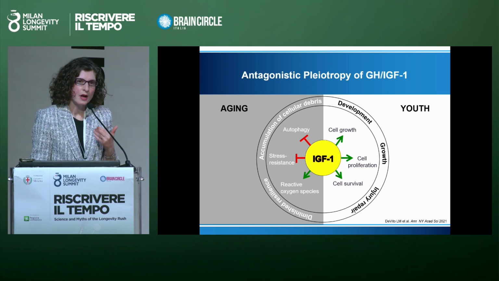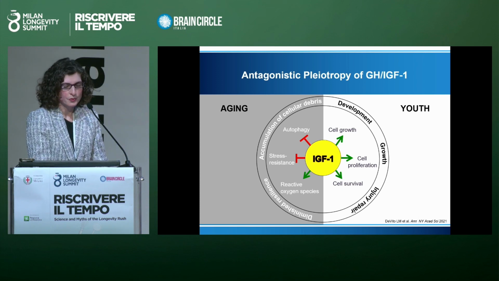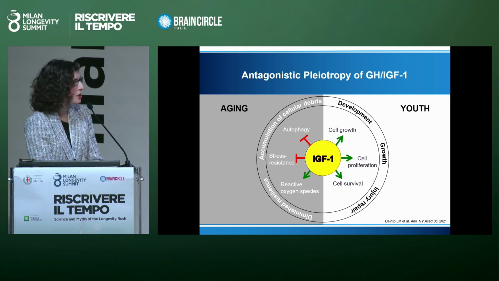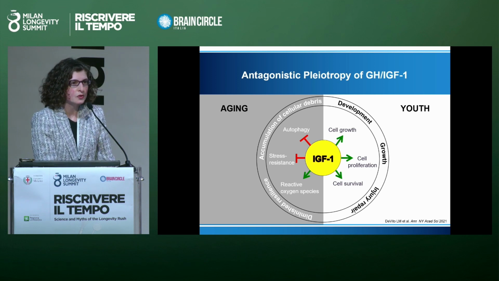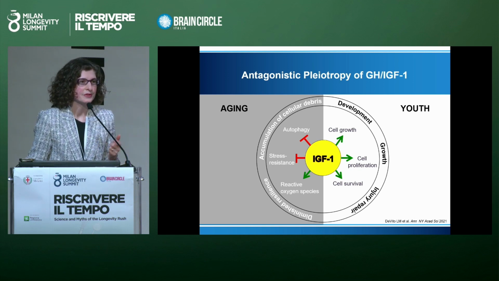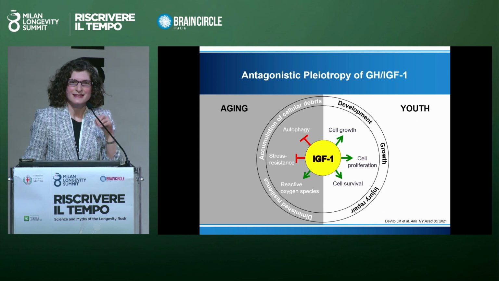But if we maintain high levels of growth hormone, we will not be able to maintain our bodies because growth hormone promotes reactive oxygen species generation. It inhibits stress resistance that our bodies naturally possess, and it also inhibits a process called autophagy. And those of you who may have been in the conference for the past few days have heard about that. That's a process where the cell self-eats.